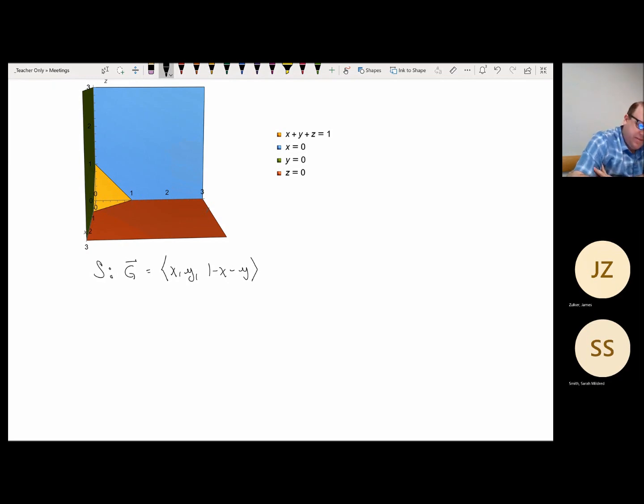This will give normal vector negative partial of the z component with respect to x, negative partial of the z component with respect to y, and 1. Normal vector is 1, 1, 1. Just make sure that's oriented outward. It is, it's pointing away from the plane.